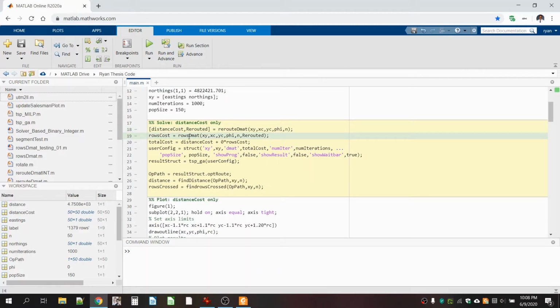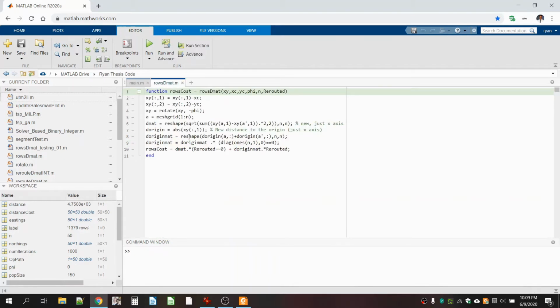So now the next line is a function called rows DMAT. I'm going to hit Control D to open that one. So now in this rows DMAT function, I'm going to be generating the rows cost, which is again going to be an n by n matrix, but instead of the distance between each point, it's going to be the number of rows required to be crossed to get between each pair of plants.